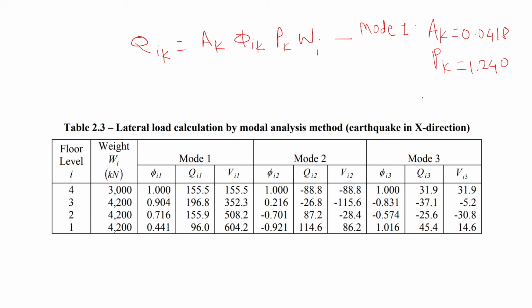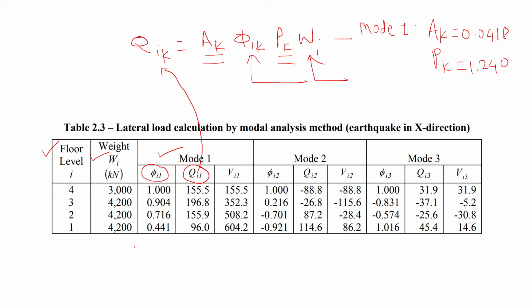Now this value is fixed for mode 1, so here you have to put the values only. Okay, so prepare the table: floor, weight, mode 1. Now put the mode shape coefficient. Now how this value comes, I will tell you. The formula is given here.